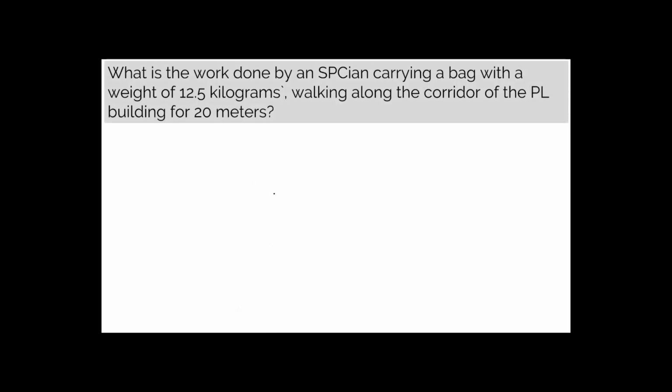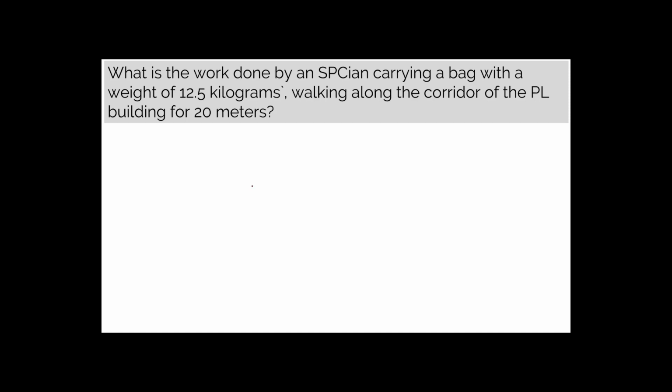So, by using the equation of work, which is force times distance times cosine theta, sir, you have mentioned that the force in the equation is the force applied to the object. But in this case, there is no force applied to the object.